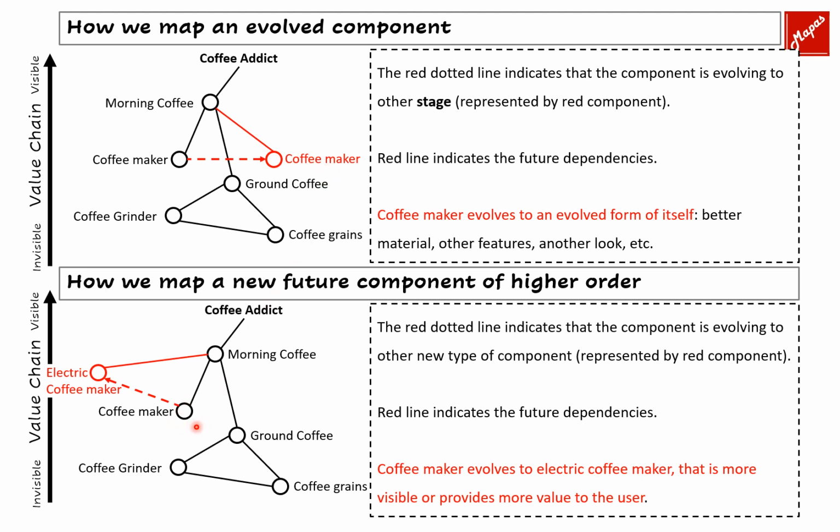In this second map, I want to represent that in the present we have the coffee maker, but potentially in the future we could have a different type of coffee maker. In this case, an electric coffee maker. Me and the group that are mapping, we have decided that with respect to our anchor, the coffee addict, it has more visibility or value, and this is the reason that I have moved it here.